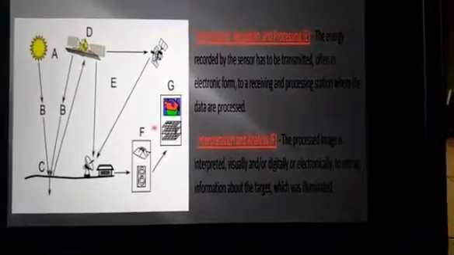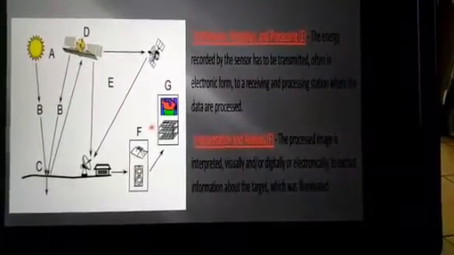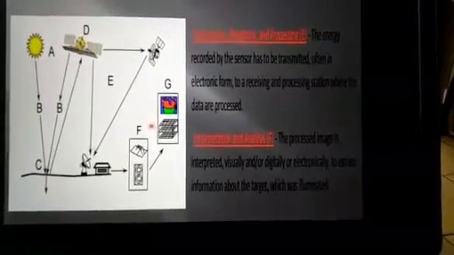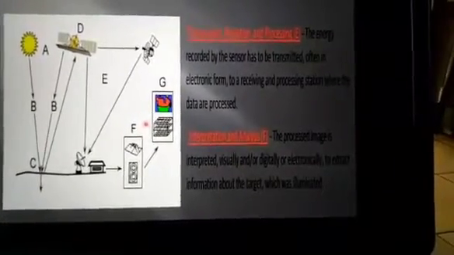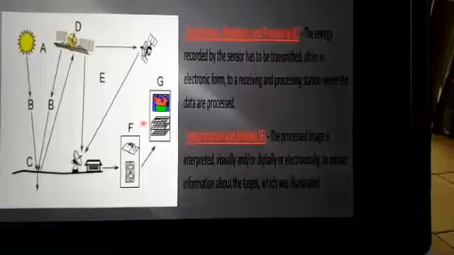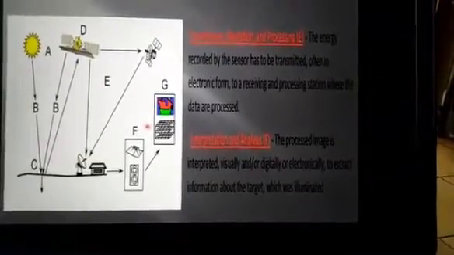From there it goes to F, where it must be interpreted and analyzed. The processed image is interpreted visually and or digitally or electronically to extract information about the target which was illuminated.